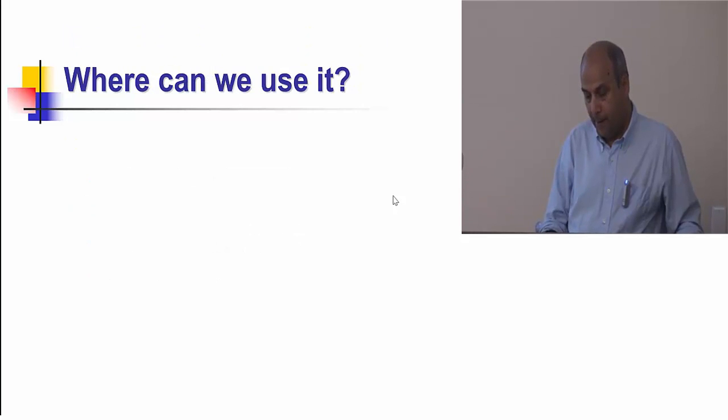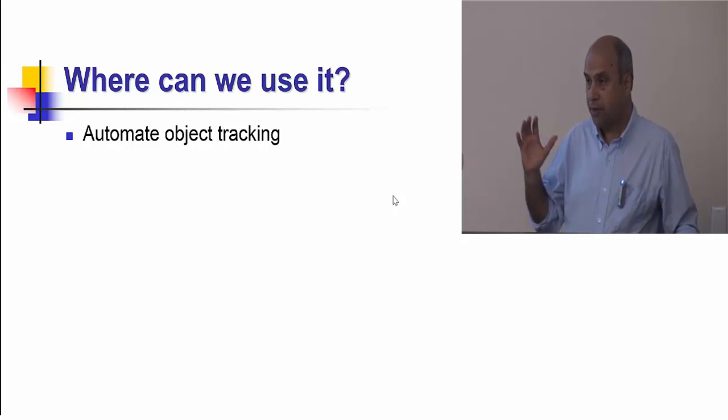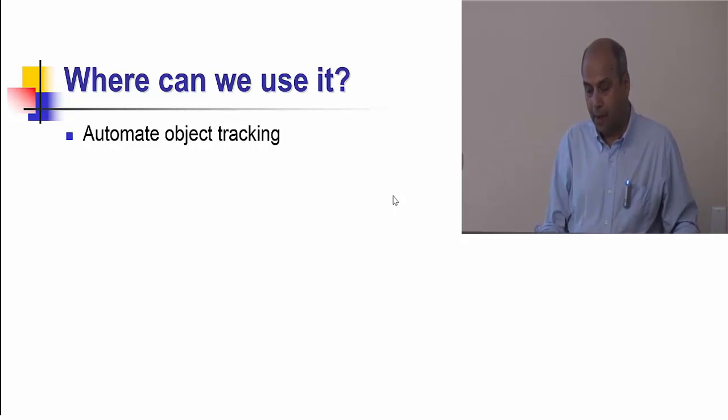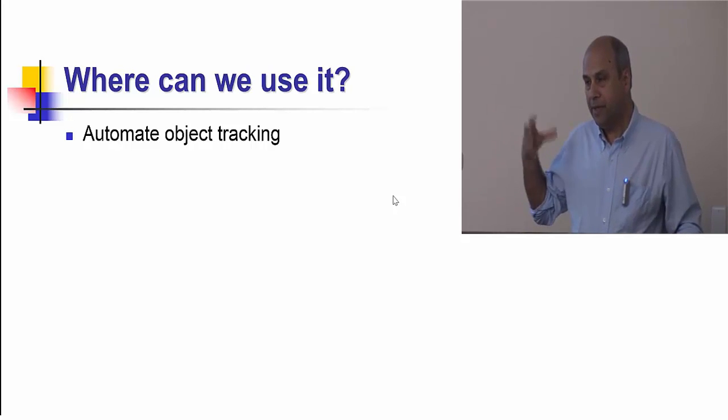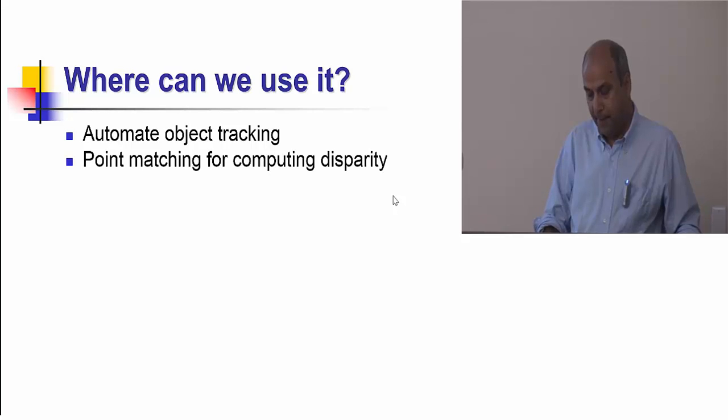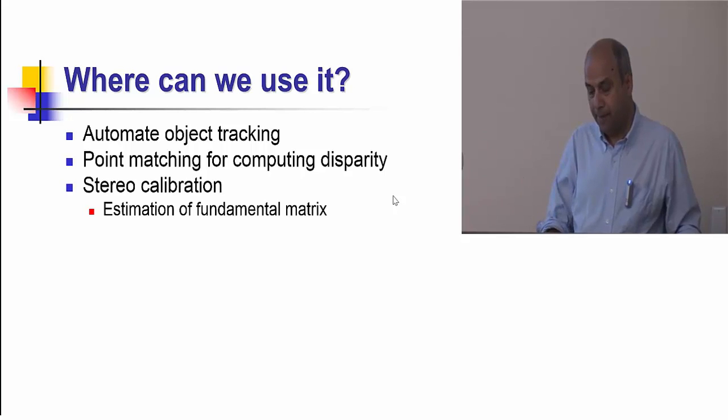Okay. So why do you want to do this? Where can we use an interest point detector? There are lots of applications of that. We can do tracking, because when you want to do tracking, you need to know what you want to track, and these are the good points to track. And these are used for matching two images, finding the disparity.